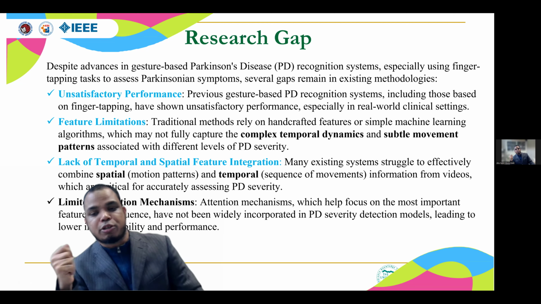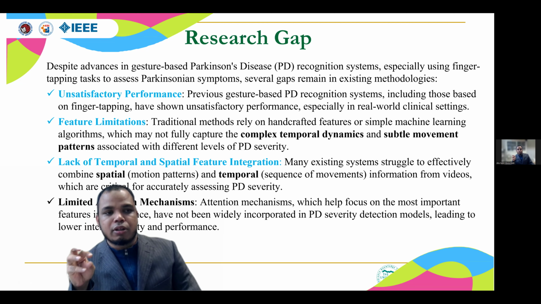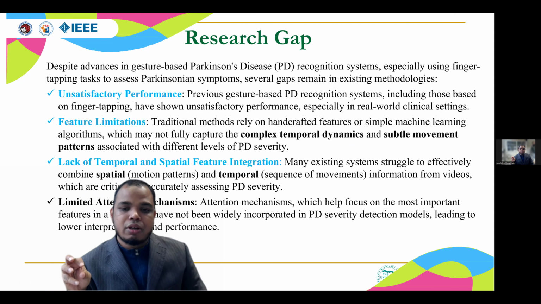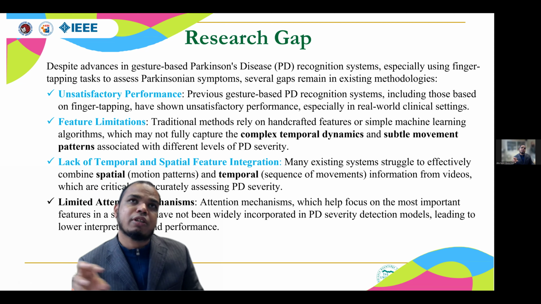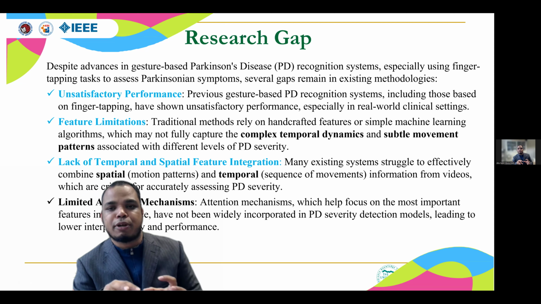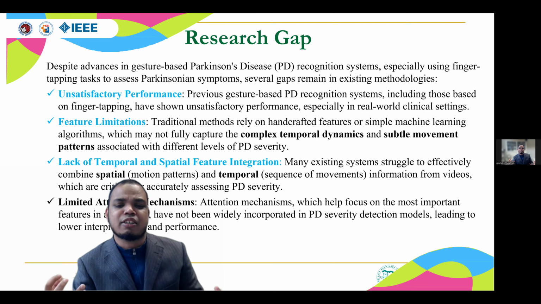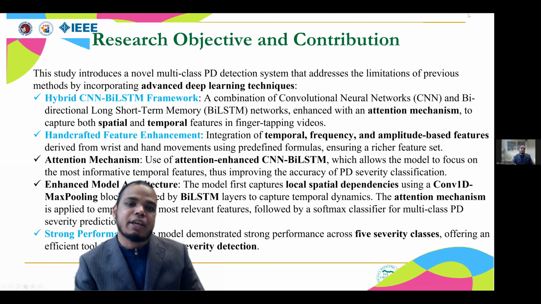Lack of temporal and spatial feature integration is also important. In addition, there is a lack of enhancement of handcrafted features to understand subtle movement and the internal structure of the pattern. That is very important. So we found these gaps.